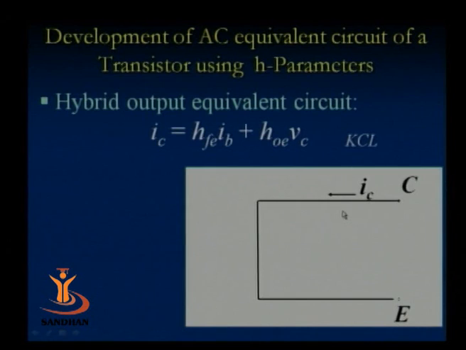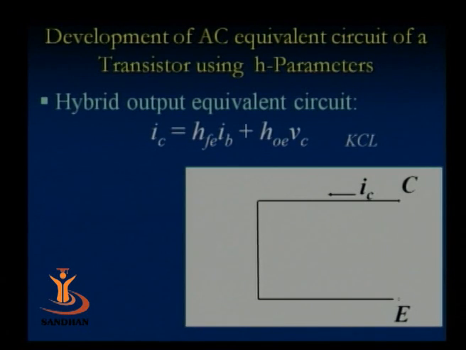Once again, this equation represents a combination of two terms, the first term HFE IB and the second HOE VC. Naturally, on the left hand side we have a current, so these two terms must represent a current.